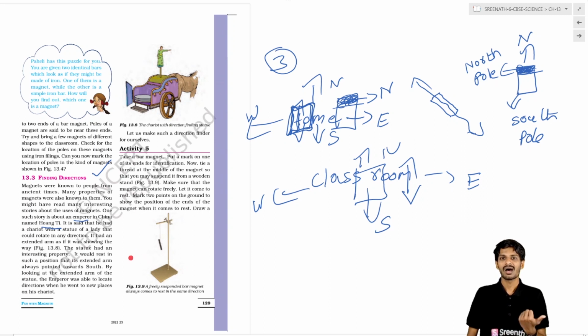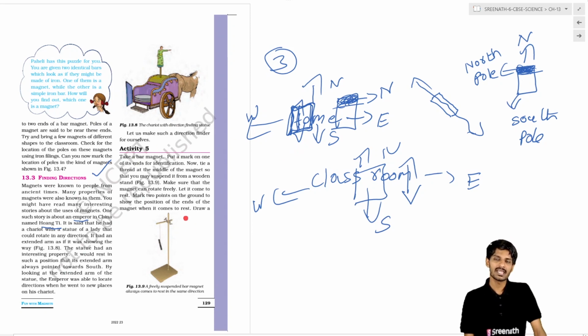You can simply know by observing the north pole of the magnet. If your north pole is in one direction, that direction is the north direction. By using bar magnets, you can easily find the direction. So how can we find the directions? By using a bar magnet and simply suspending it, it shows the north direction.